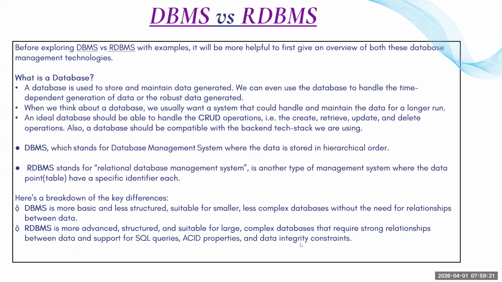Integrity constraints means there is a set of business rules provided when you are creating a structure, while you are creating a table. It means we should not allow null values, and we should not allow duplicate values. There should be a primary key and foreign key, a kind of relationship between two tables.